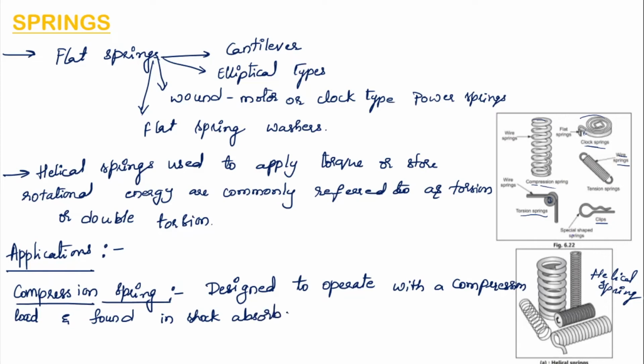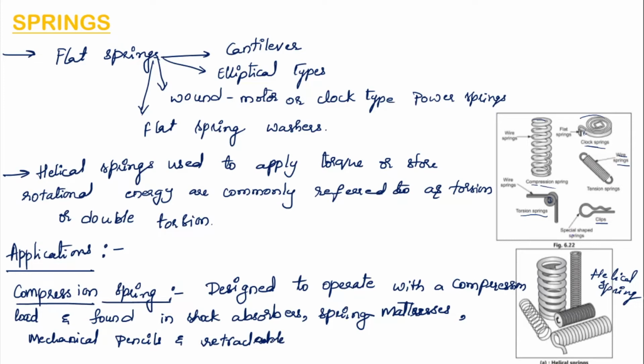Spring mattresses, the mattresses which we are using on our beds, are made with compression springs. Also mechanical pencils and retractable pens.